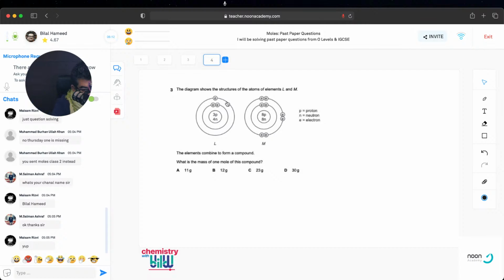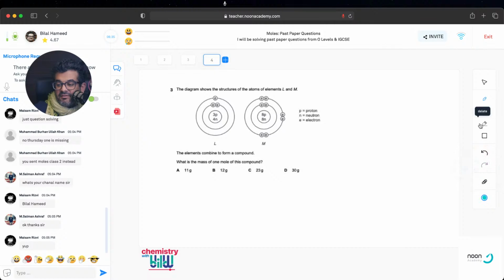Got my coffee also. Okay, so let's look at this question and many more questions on moles from past papers. The diagram shown below shows the structures of elements L and M. They want the mass of 1 mole of a compound. What is another name for the mass of 1 mole of a compound?